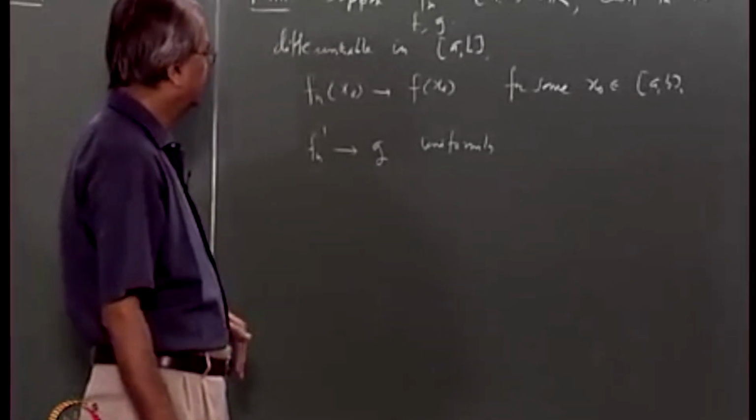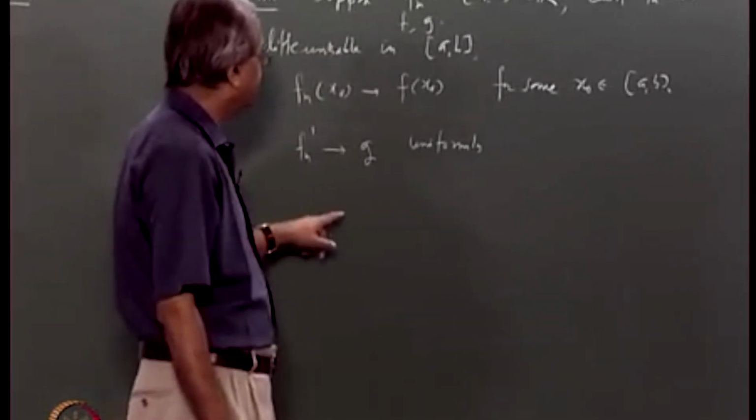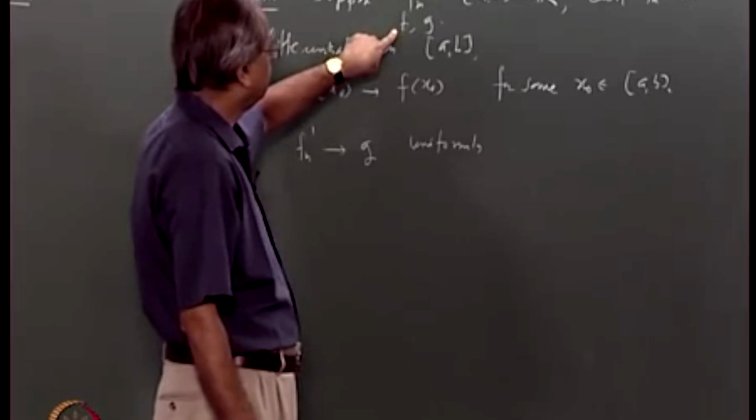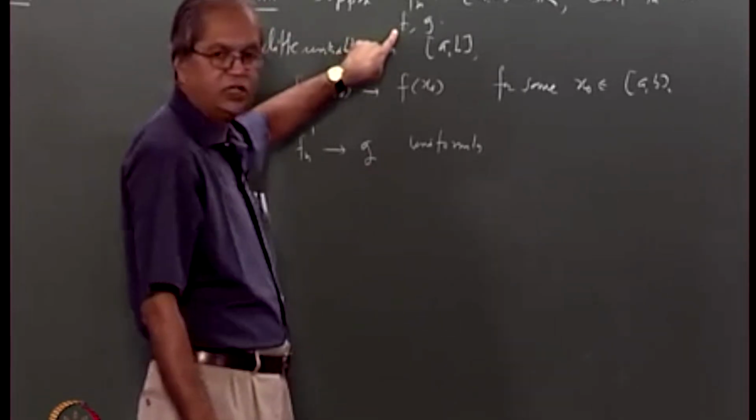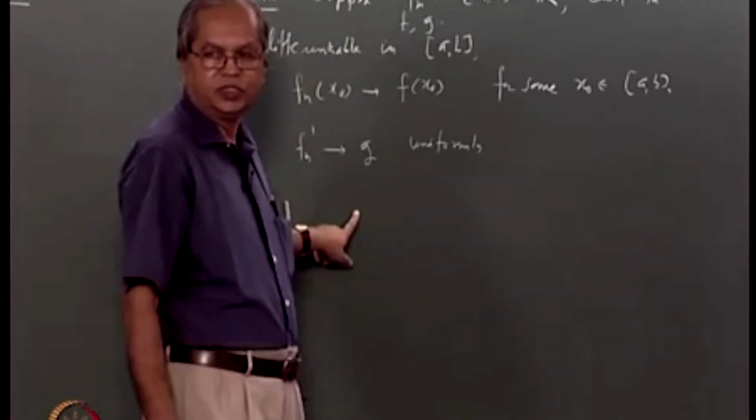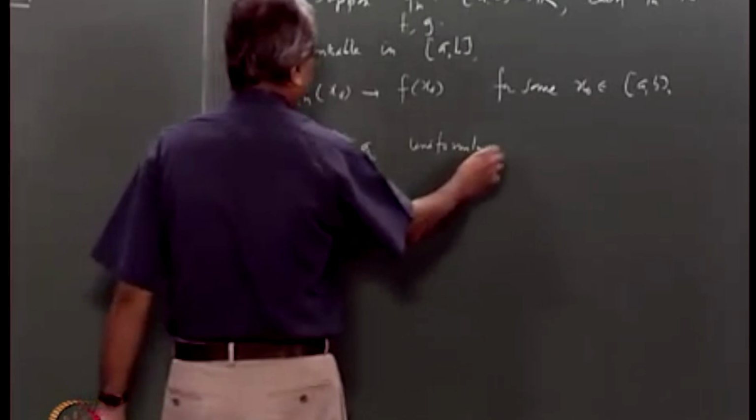Then what is the conclusion? The conclusion is that f is differentiable and its derivative is the same as g. These are all the hypotheses.